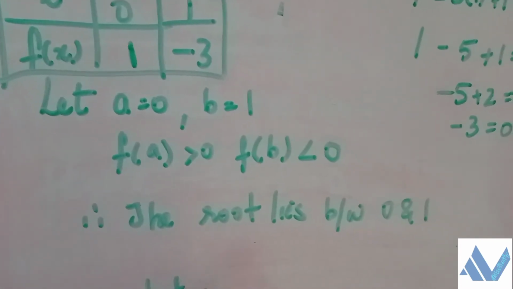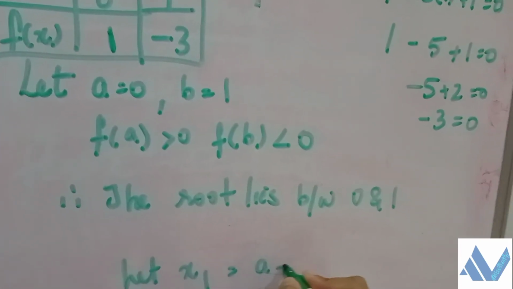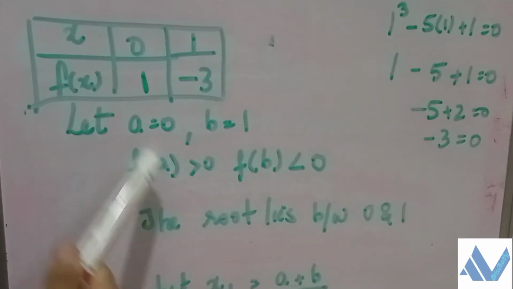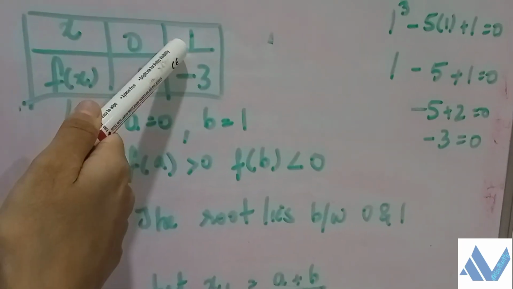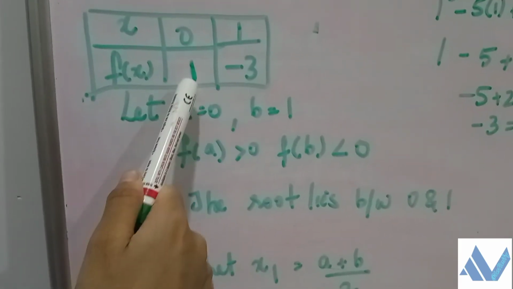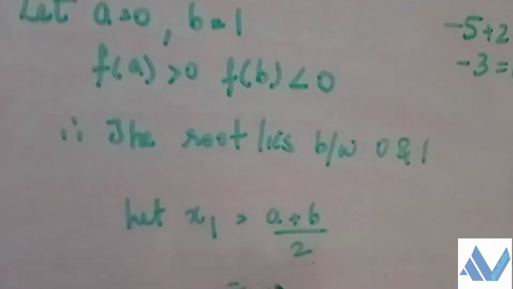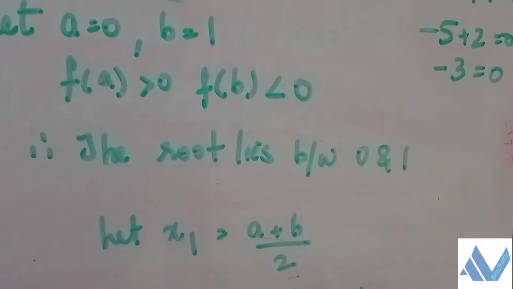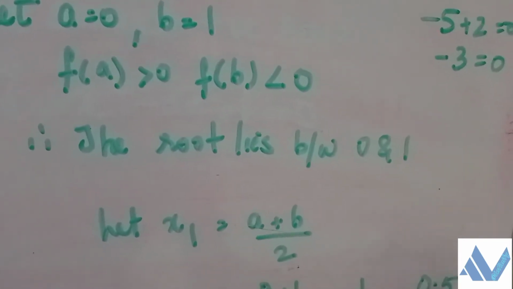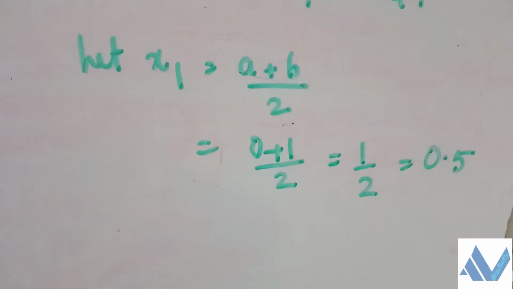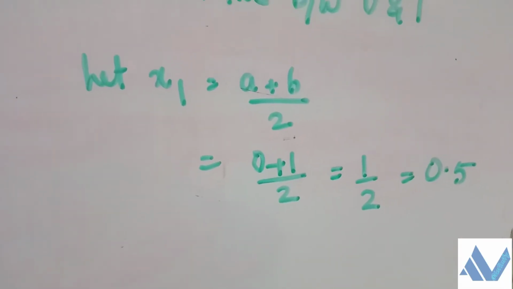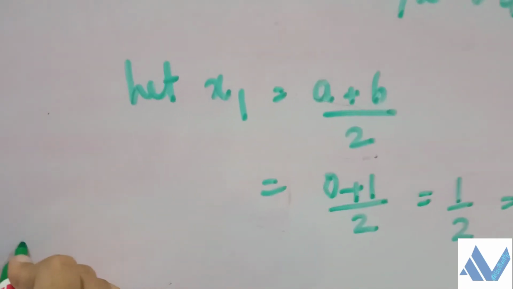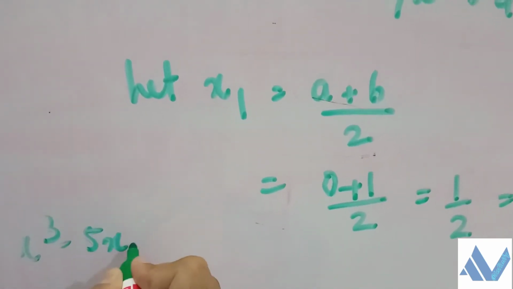Now let x1 equal (a plus b) by 2. The a value is 0 and the b value is 1. Don't mistake it by taking 1 and minus 3. So 0 plus 1 by 2, which is 1 by 2, that is 0.5. Now we substitute the 0.5 value, that is the x1 value, in the equation x cube minus 5x plus 1.